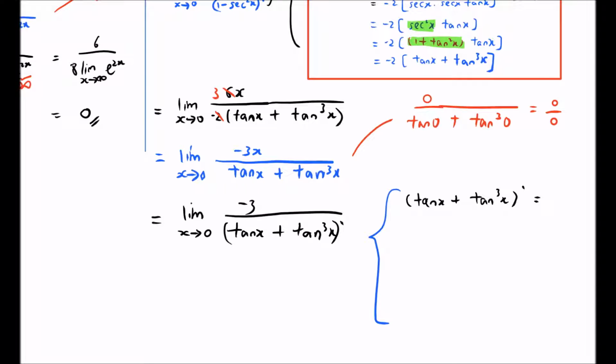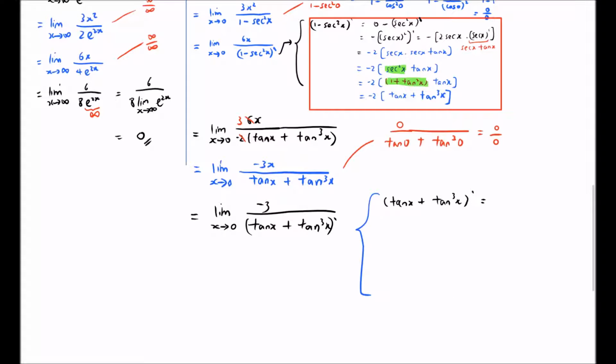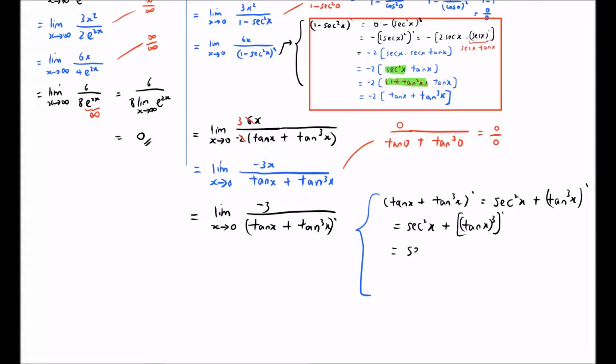So tangent differentiate, get secant square, plus tangent cube x prime. So equals secant square, plus tangent x cube. Okay, you differentiate. So get 3 tangent x bracket square times secant square x.